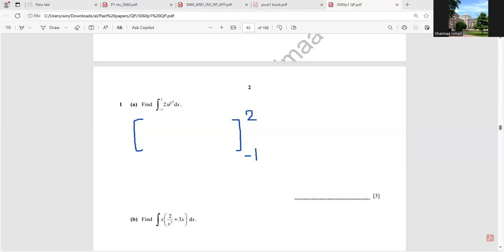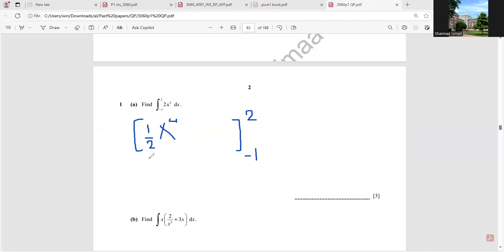So here integrate, so make the power +1, so x to the power of 4, and make it divided by the power, so it is 2 over 4, which equals half. So it will be equal to 1 over 2 x to the power of 4.